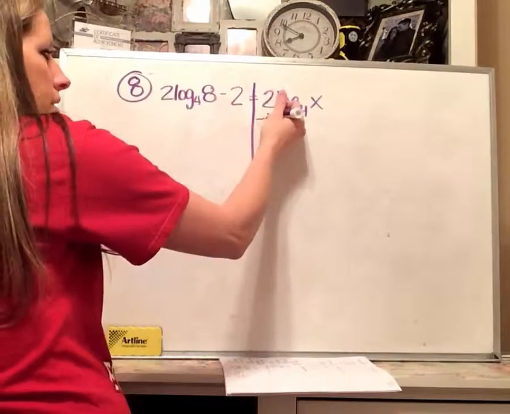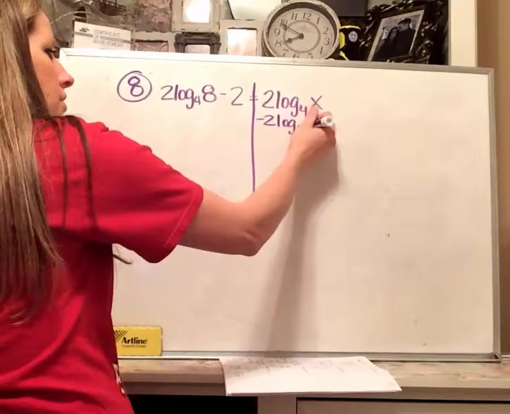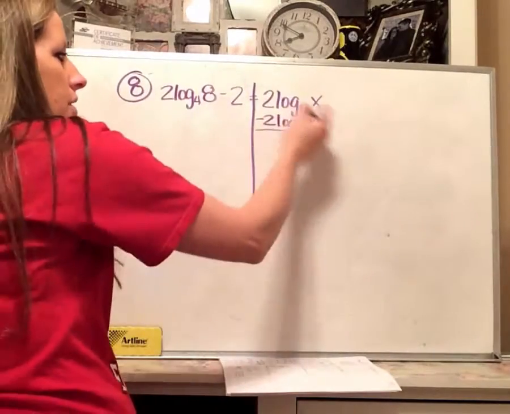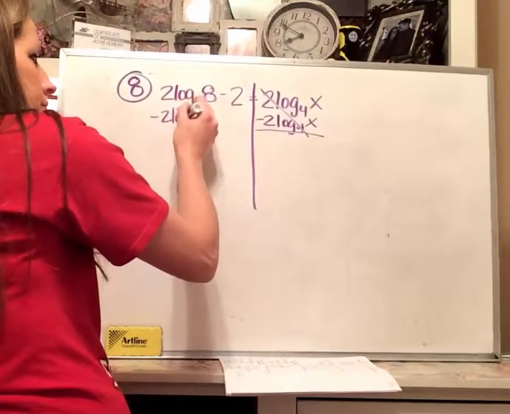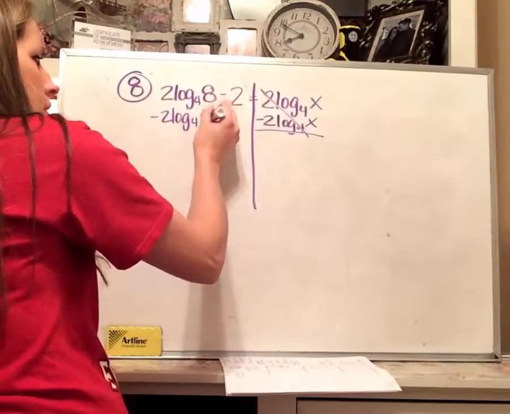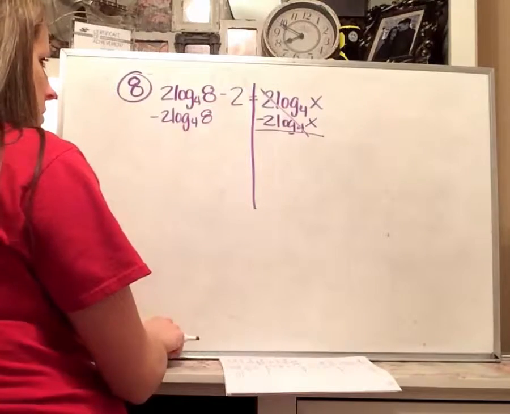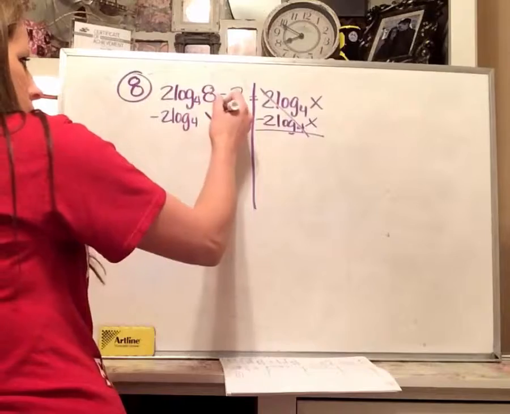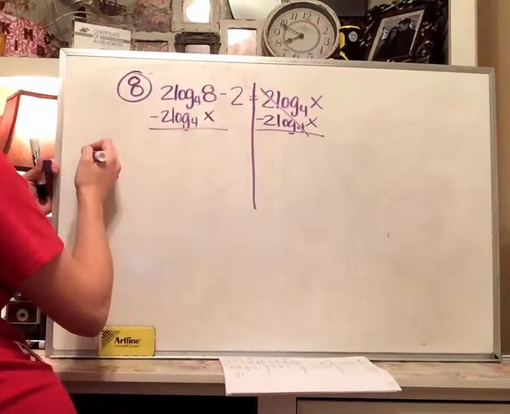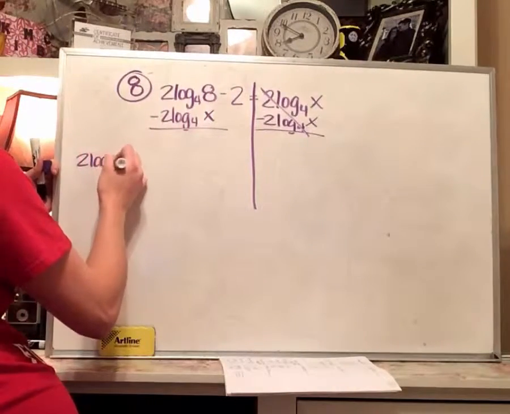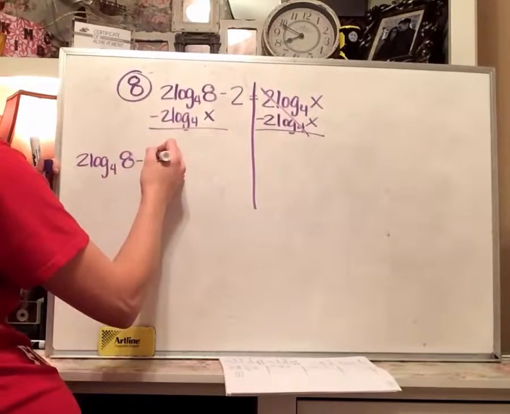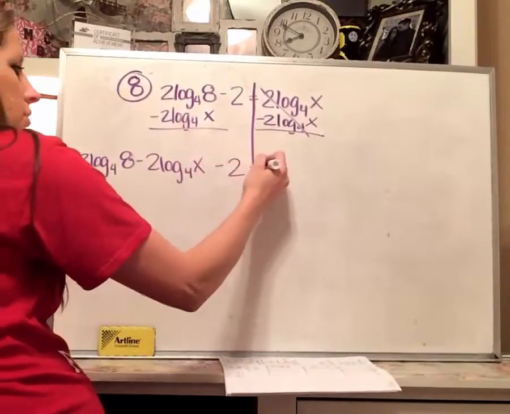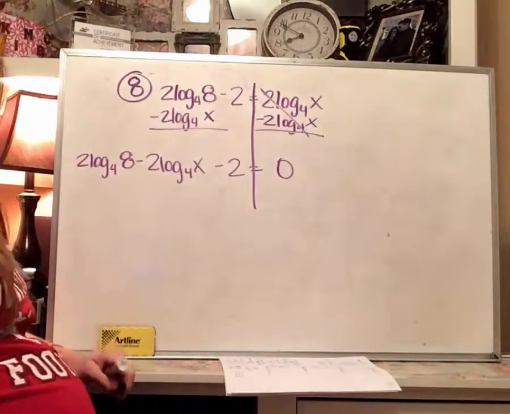So I'm going to subtract that 2 log base 4 of x, that whole thing, and move it to the other side. Oh, I'm sorry, that should be minus 2 log base 4 of x. So I get 2 log base 4 of 8 minus 2 log base 4 of x minus 2 equals nothing on the right side, so equals 0.